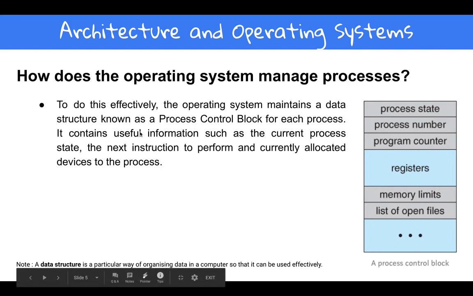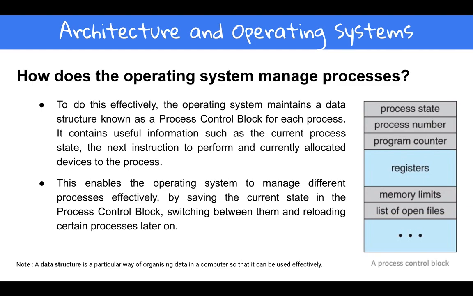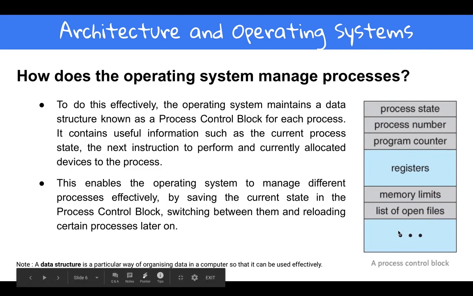So operating system, to manage the processes, maintains a data structure known as a process control block for each process, and it contains loads of information that we're going to discuss in more details. This enables operating system to manage different processes effectively by saving the current state there and loading them. So we use this block to save and load the data for each process.